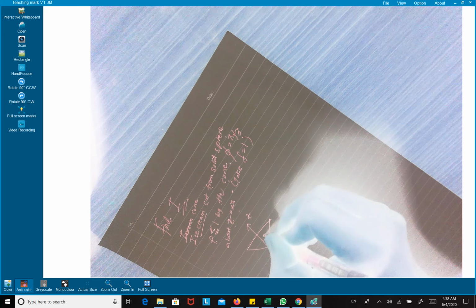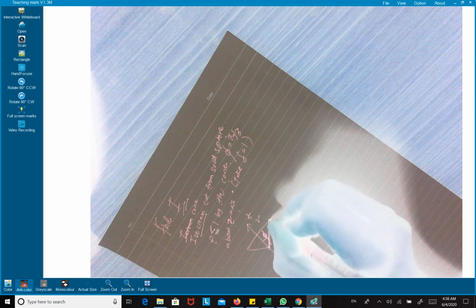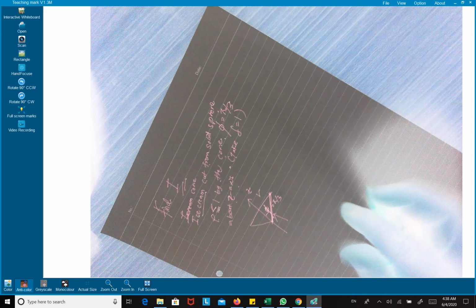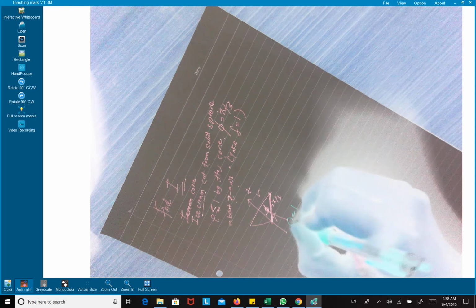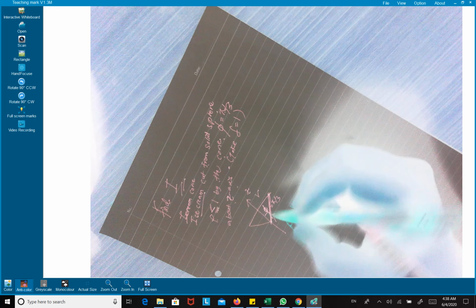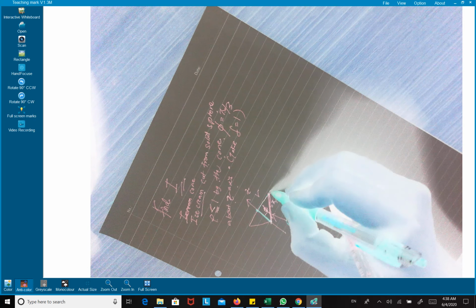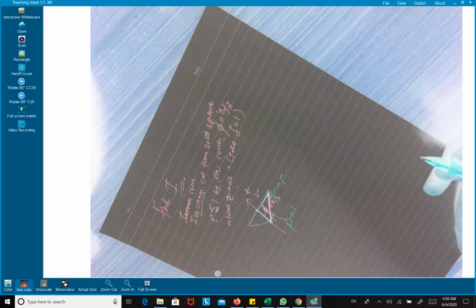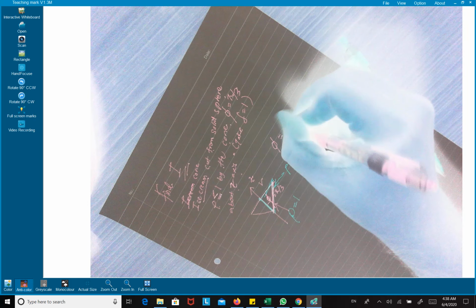This is phi equals pi over 3, this is r, and this is rho. So sine phi equals r over 1.